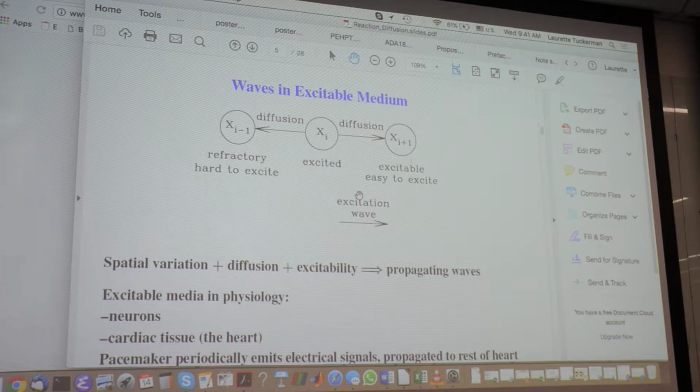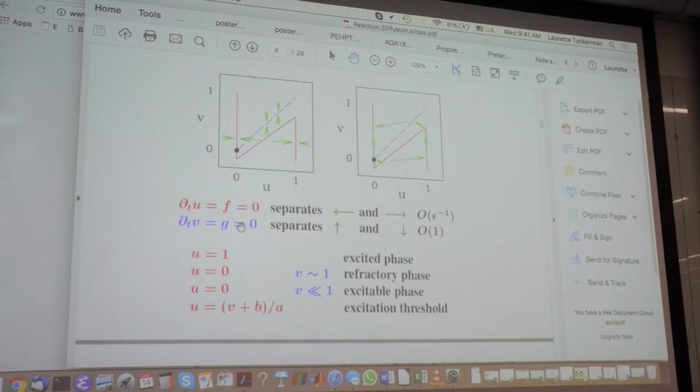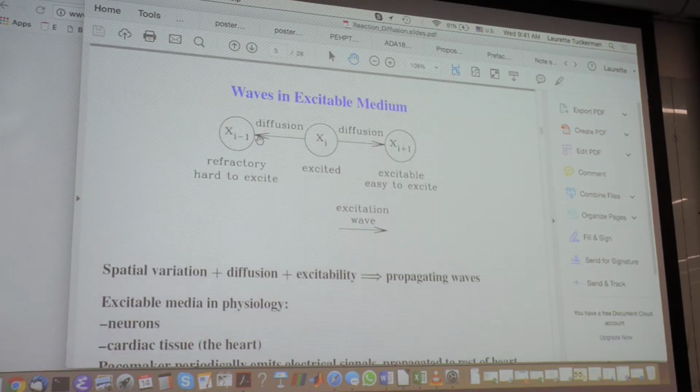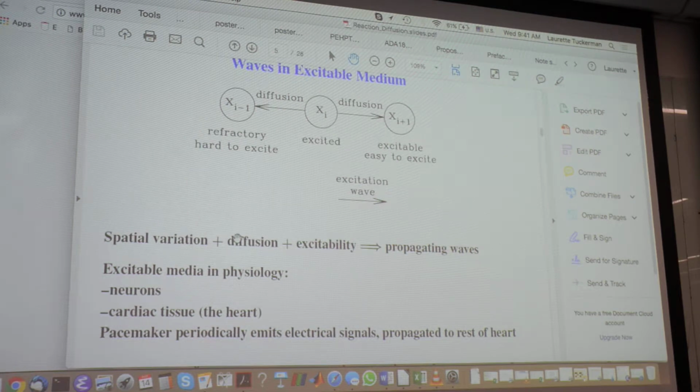So we see now the basic mechanism: if you have spatial variation and diffusion and excitability, this is what is called excitability, when you kick over a threshold, you go all the way to here, and you don't come back directly. That's what excitability is. So these ingredients, spatial variation, diffusion, excitability, lead to propagating waves. And this is the mechanism that, so I'm told, is in the body.